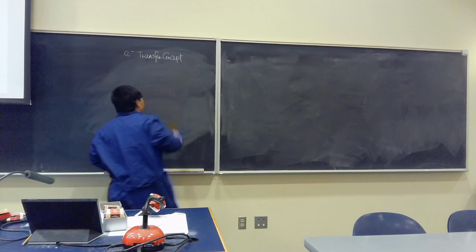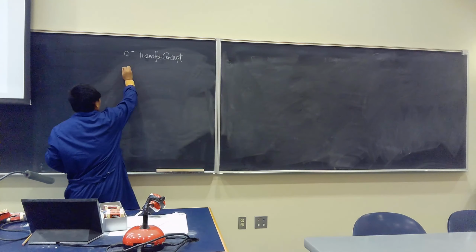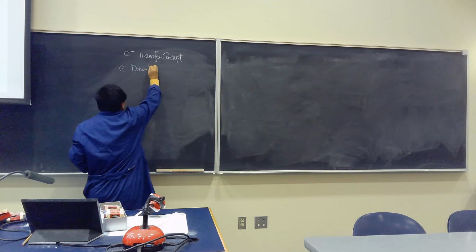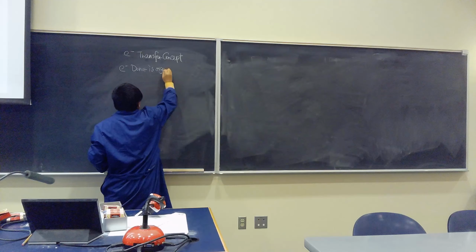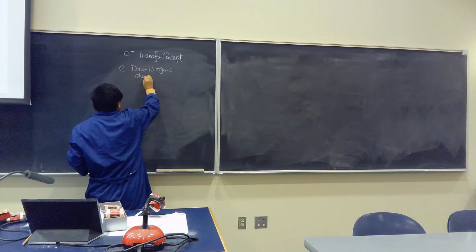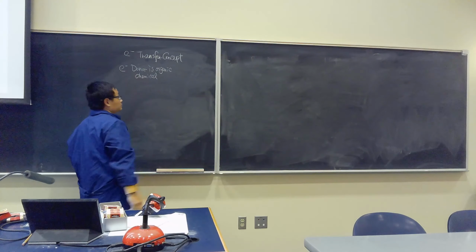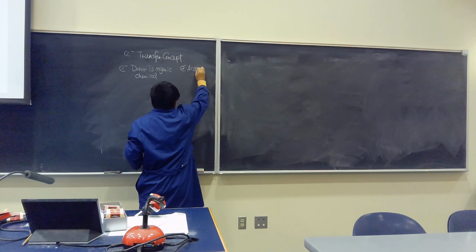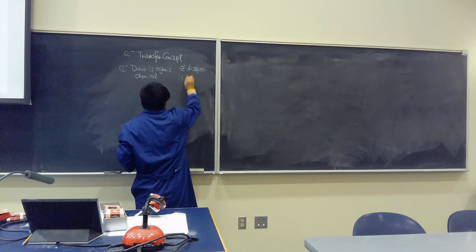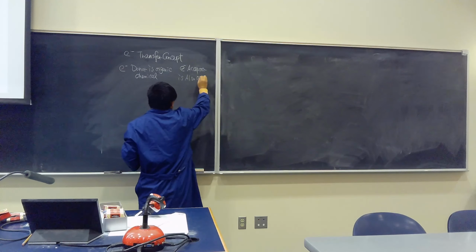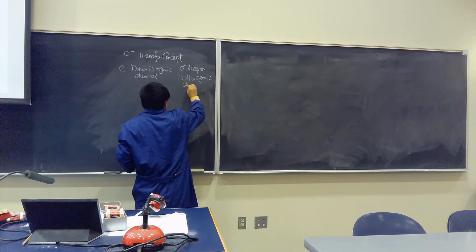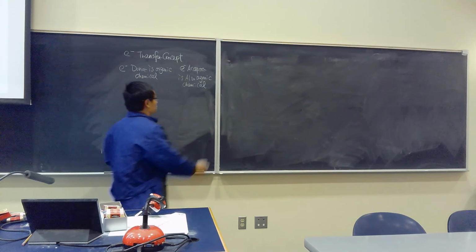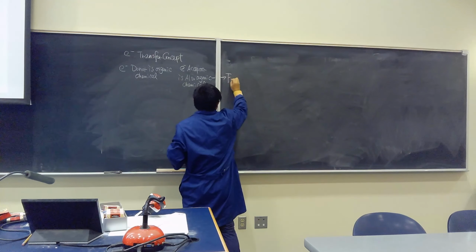So to explain, first of all, if the electron donor is an organic chemical, and the electron acceptor is also an organic chemical, this process is called fermentation.